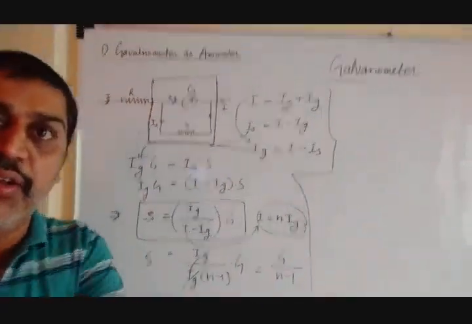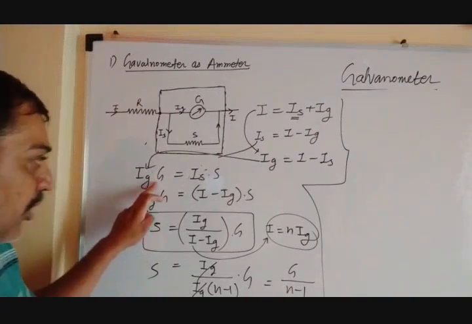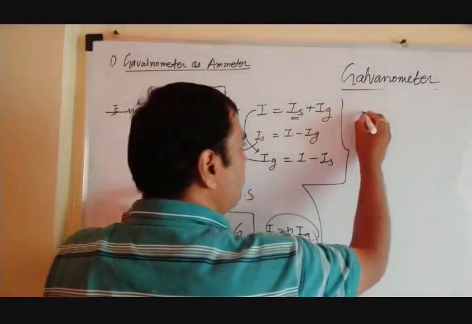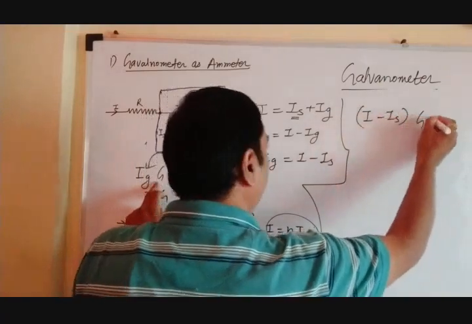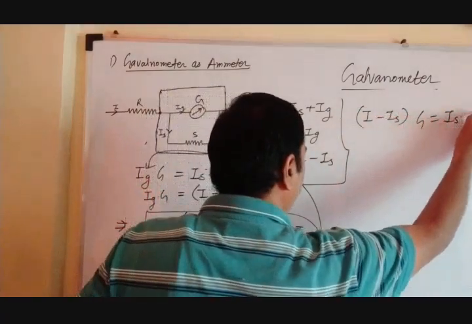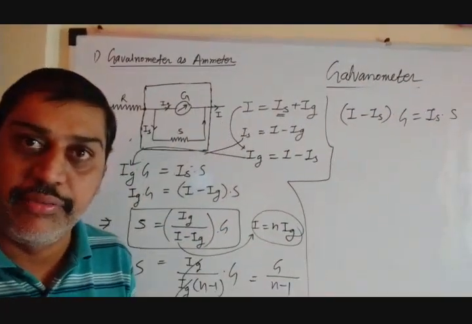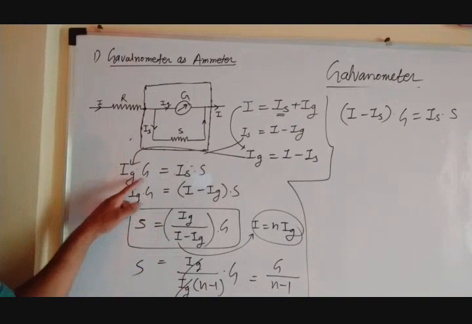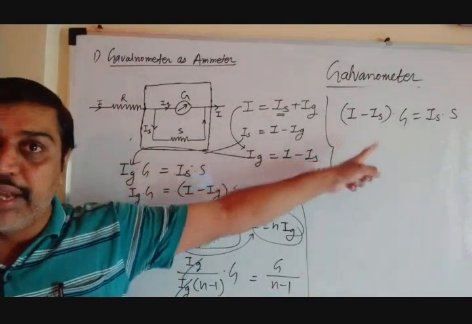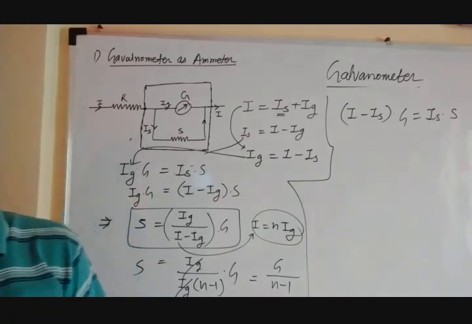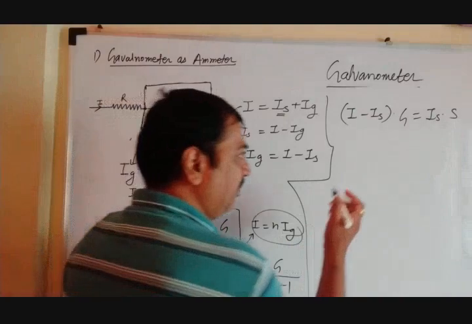What will occur when we put the value of Ig instead of Is in this equation? We get I minus Is into G equals Is into S. Just look at what we have done: we have put Ig equal to I minus Is in Ig into G. Now, why have we put this value? Because we want to find out something a little bit different.